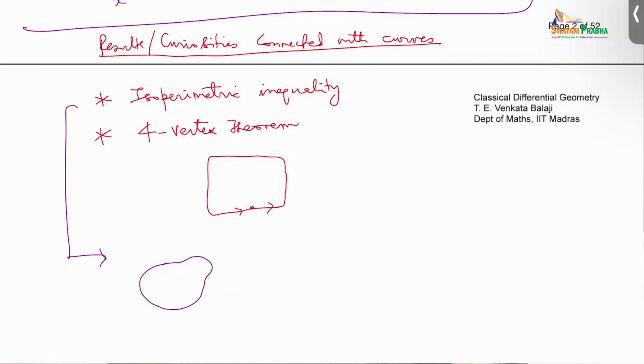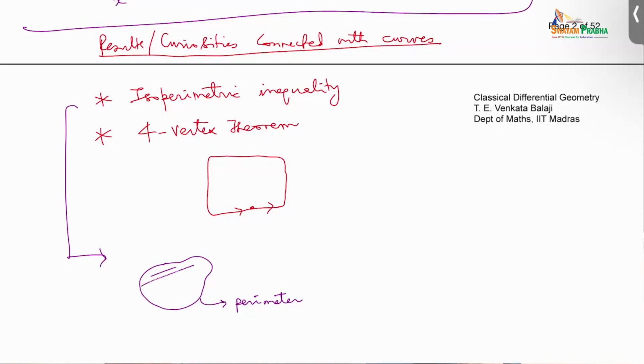And simple means that it doesn't self-intersect, so it's not like a figure 8. Such a thing has a perimeter, which is essentially the length of the thread, if you want to think of it as a piece of thread with the ends fastened together. And then there is also the area that is enclosed inside the loop.